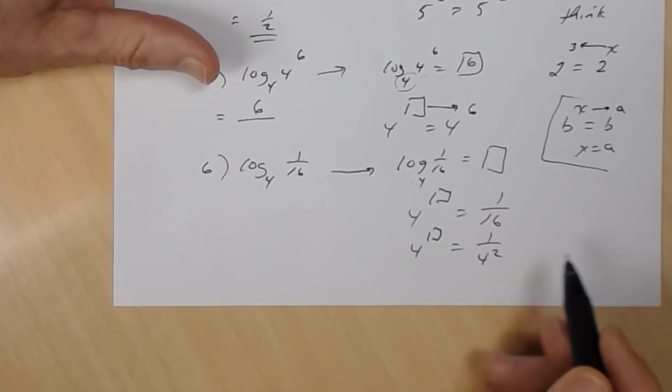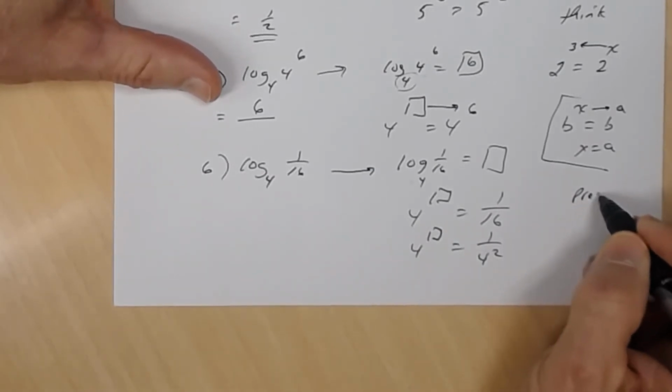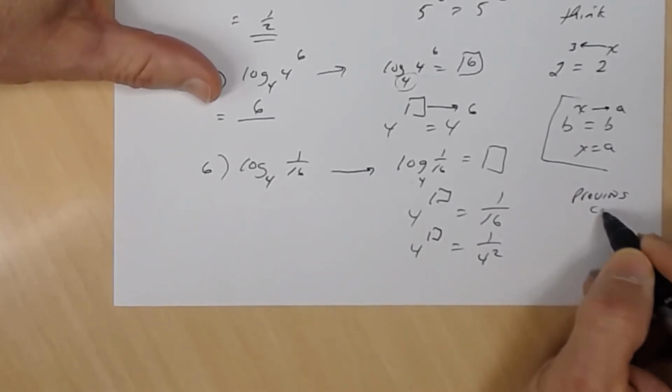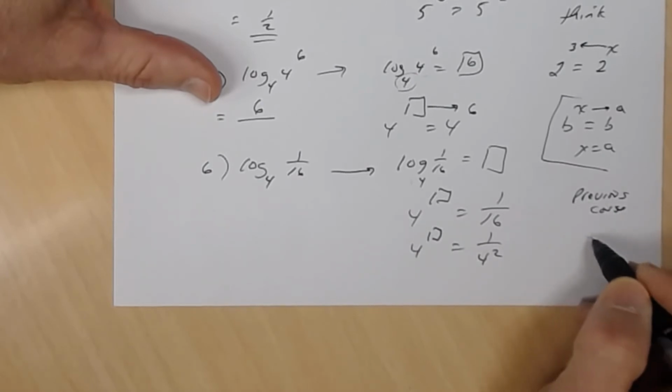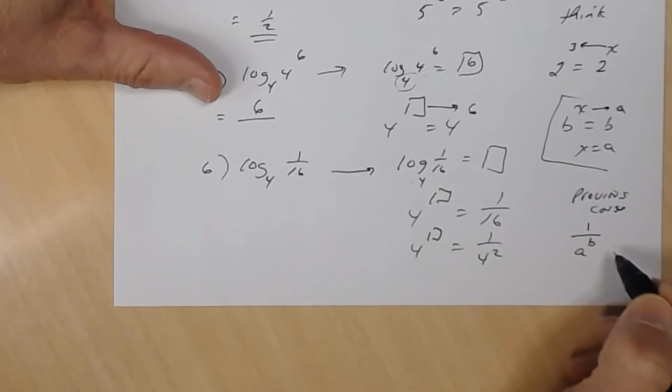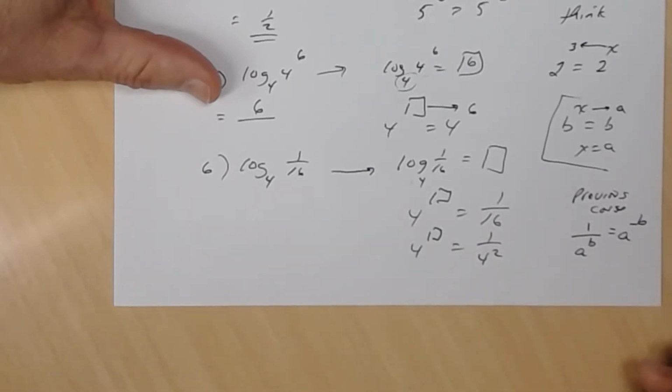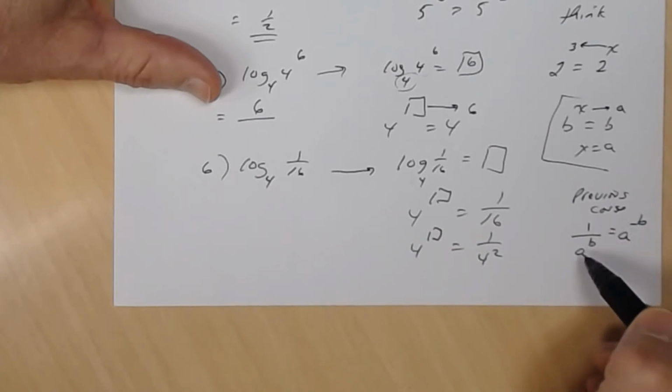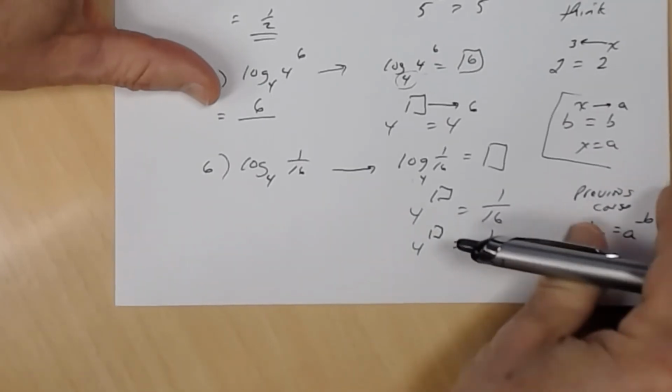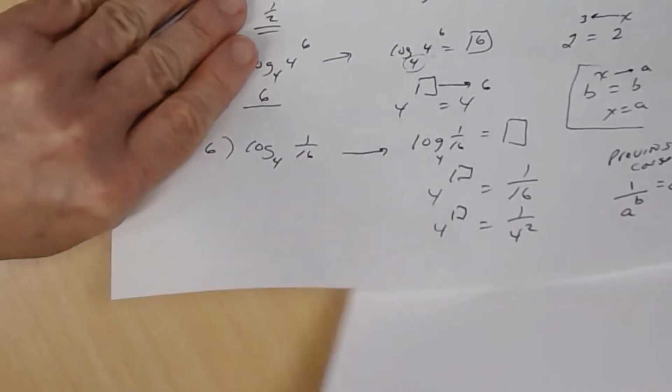And in a previous course, you saw this, that when you have 1 divided by a to the b power, that's the same thing as a to the negative b power. There was a whole section on that.